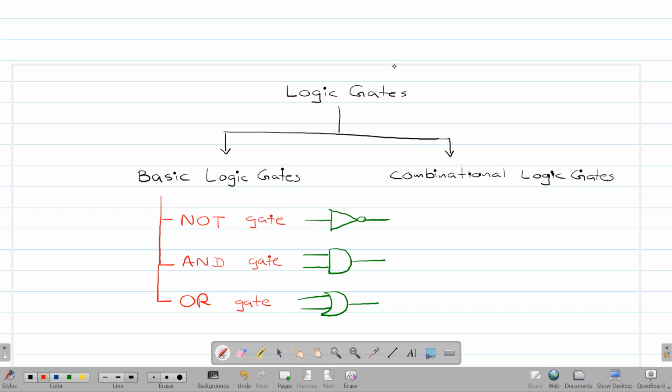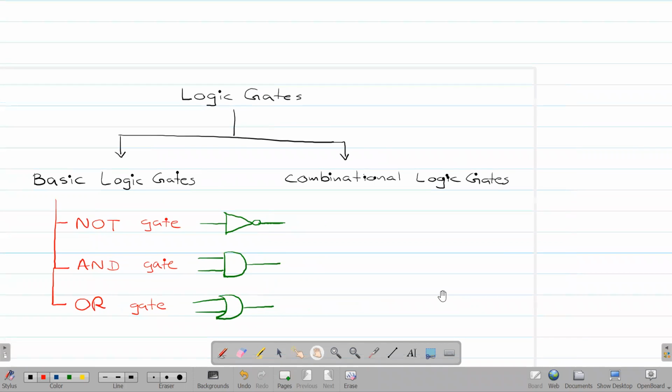And in the context of the combinational logic gates, we have two of them. One is called the NAND gate, and the other one is called the NOR gate.